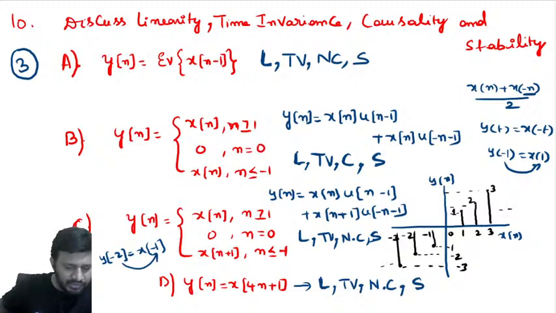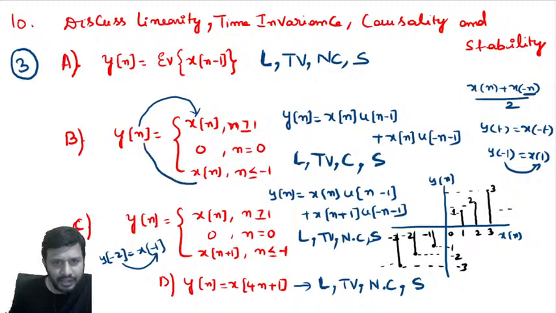See, Jaitirtha, forget about the output becoming infinite. For stability, what kind of input will you apply? You will apply bounded input only. For bounded input, y of n is equal to x of n will be bounded. Y of n is equal to x of n plus 1 will also be bounded.